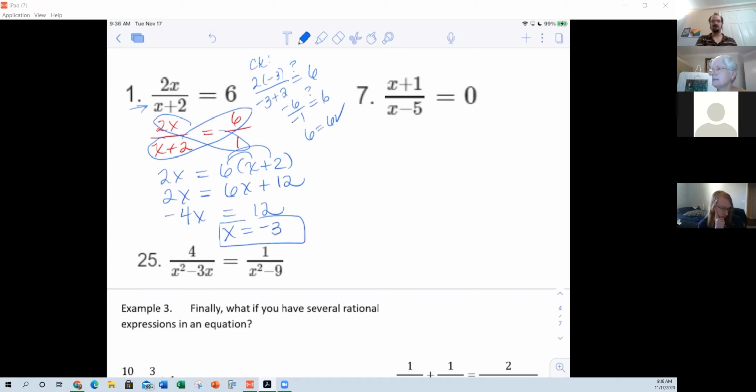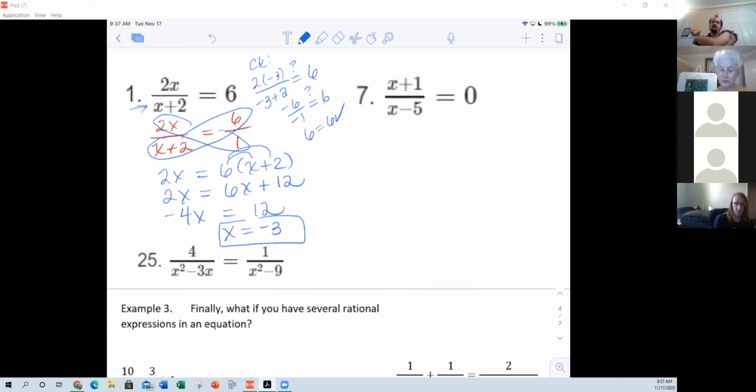Can someone walk me through number 7, please? Would you have to change the numerator? Yeah.